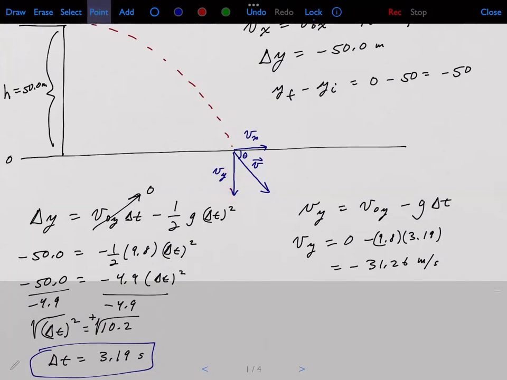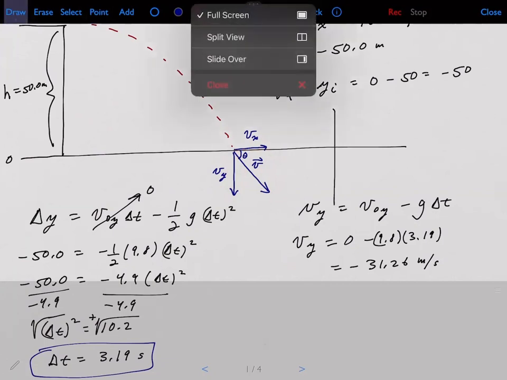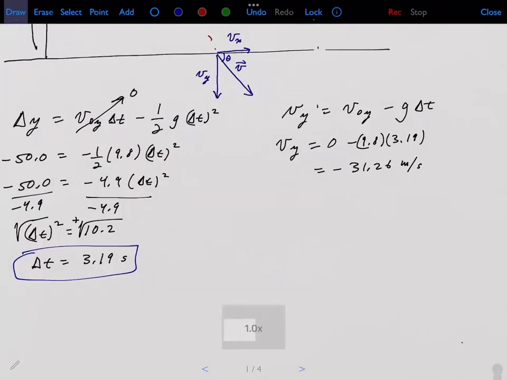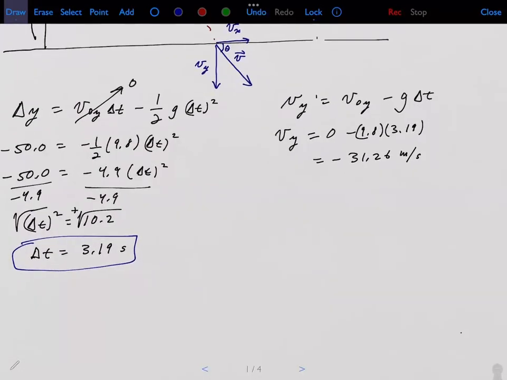Okay, so now what I could do is take this right triangle here. Sorry, getting these stray marks by accident. Okay, so I could take this right triangle for the velocity here.